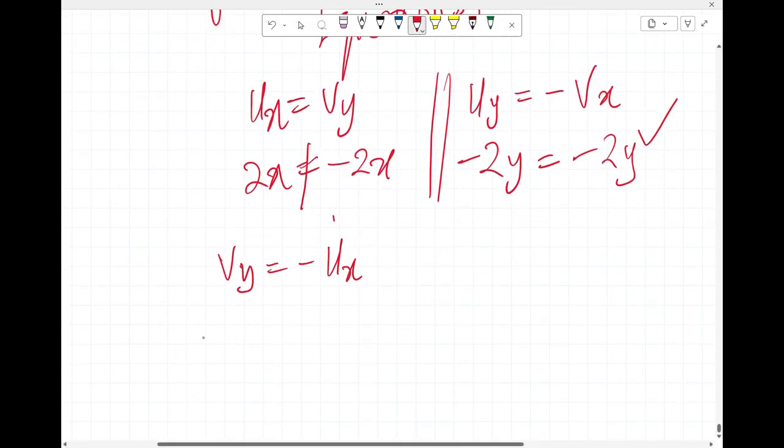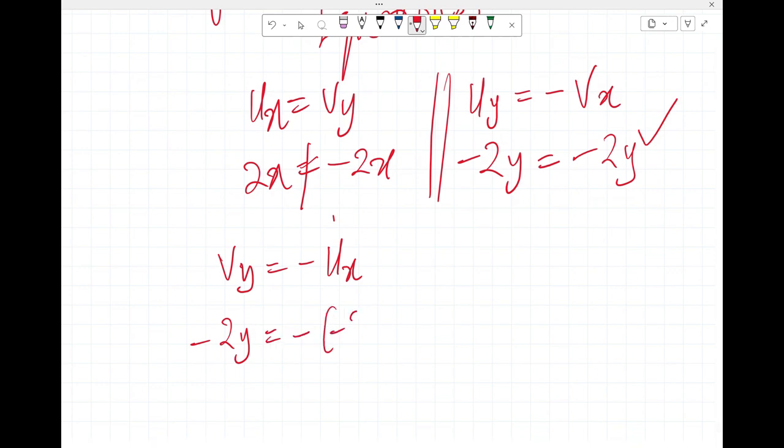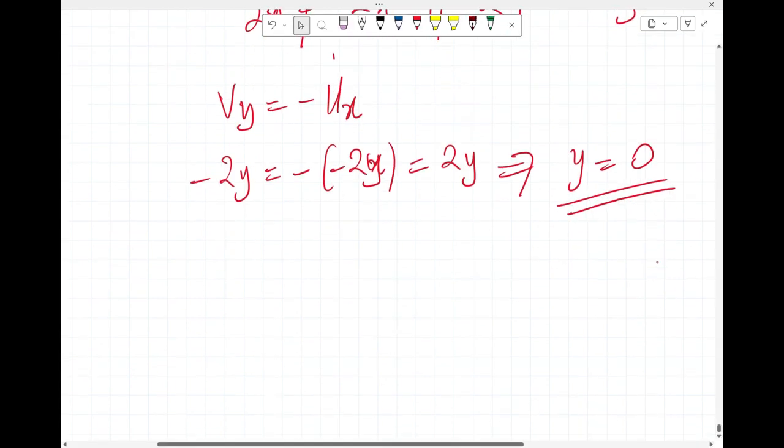So that means we have minus 2y, and that is equal to minus 2x, minus 2y, which is equal to 2y. So that implies that this can only hold at y equals 0.